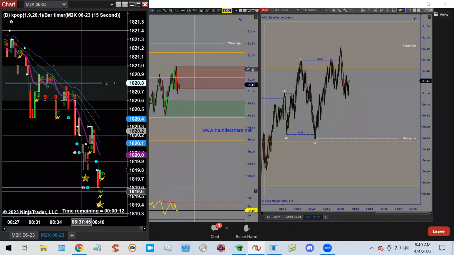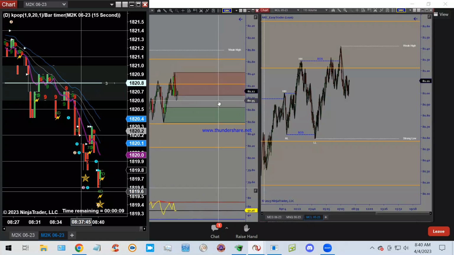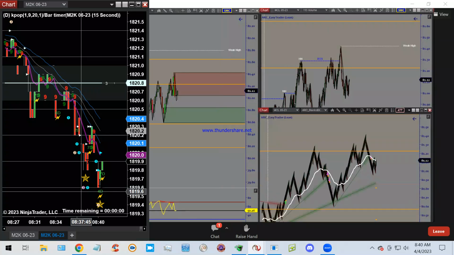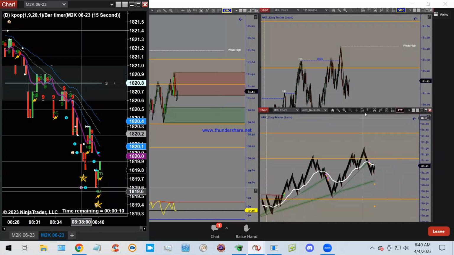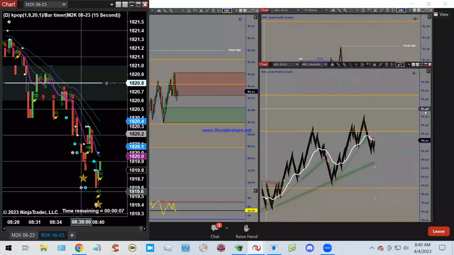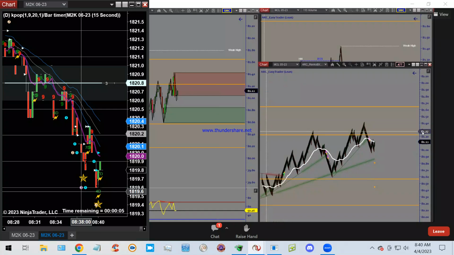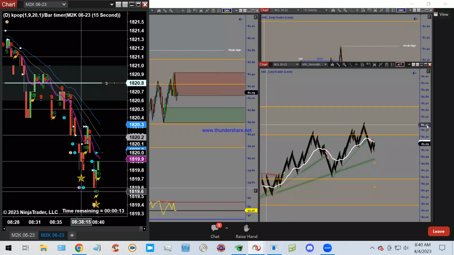It did break and close above these highs. It's in some resistance, some supply. Let's see how it reacts out of that zone. Break.